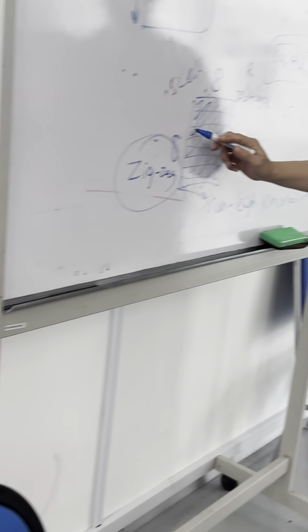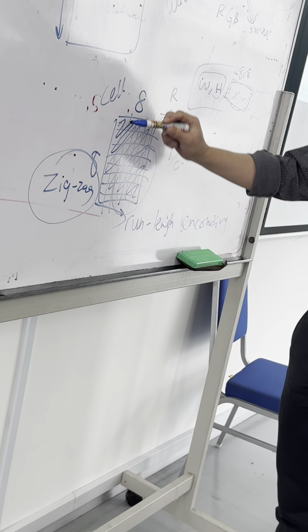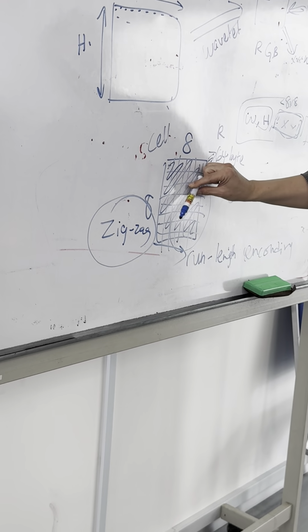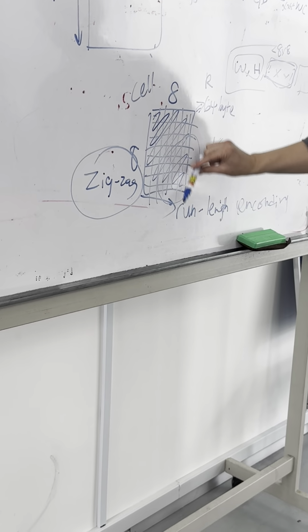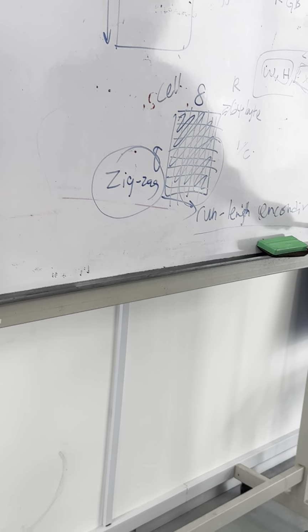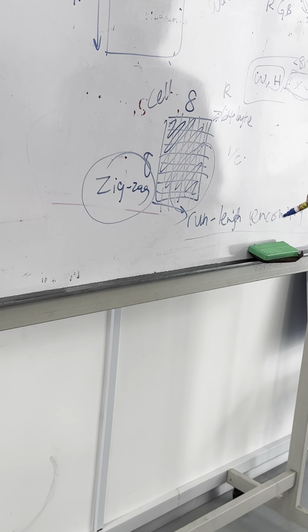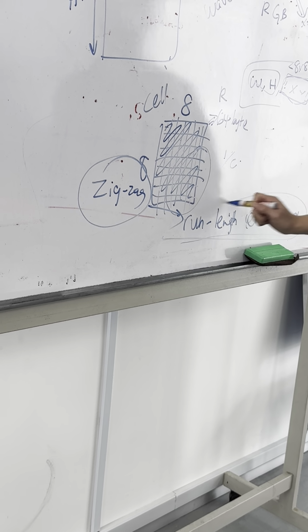Zigzagging here is because you want to remove those high frequency content, and then you use this run length encoding to compress. So the compression actually comes from this step.